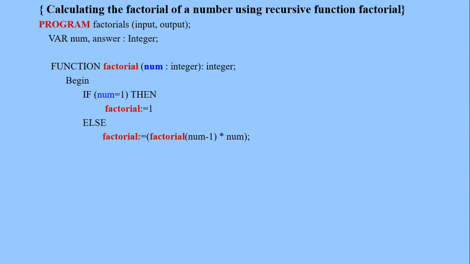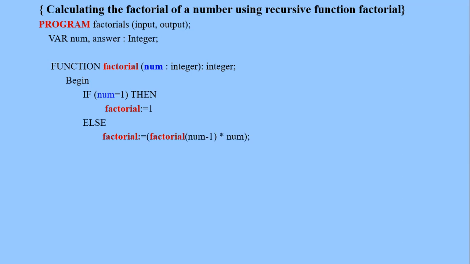Because in this statement, factorial is a function which is calling itself within itself, as an execution statement, it means that this function called factorial will repeat computing and computing until the last value will be 1.